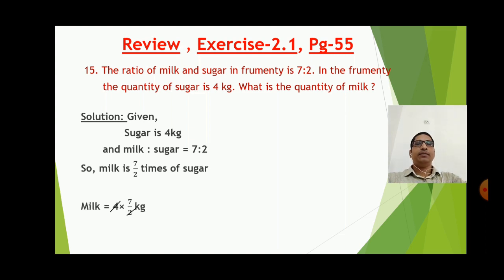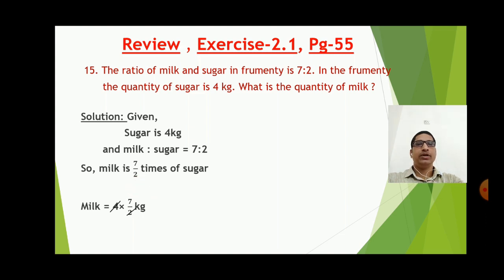So here milk equal to 4 multiply 7/2 kg. Look at here. Here this sugar how much? 4 kg. This 4 is here, and this of means what? Multiplication, this multiplication, and 7/2 this one is here.